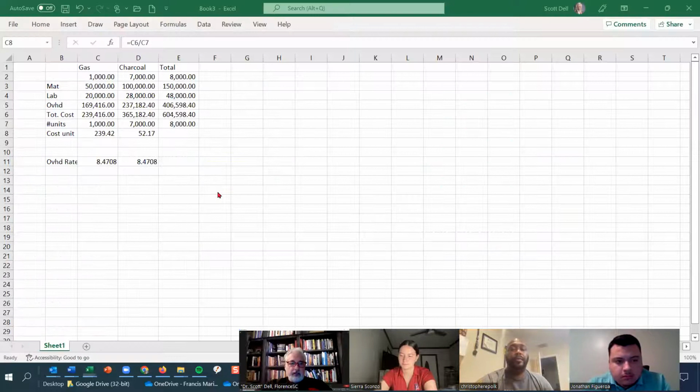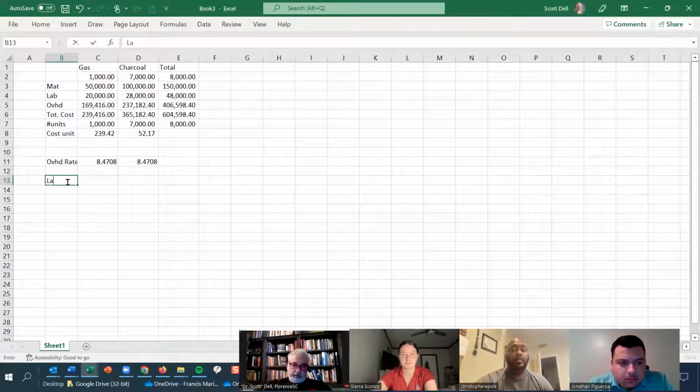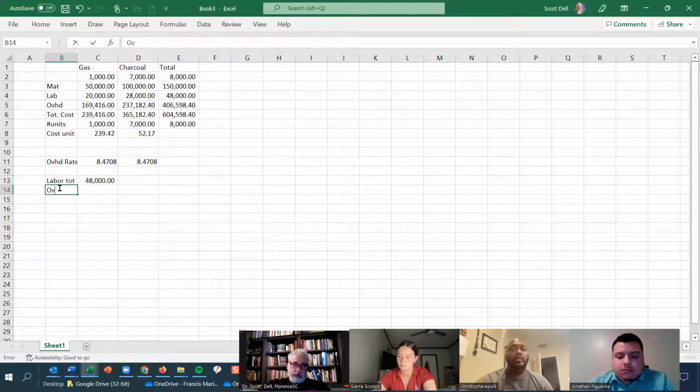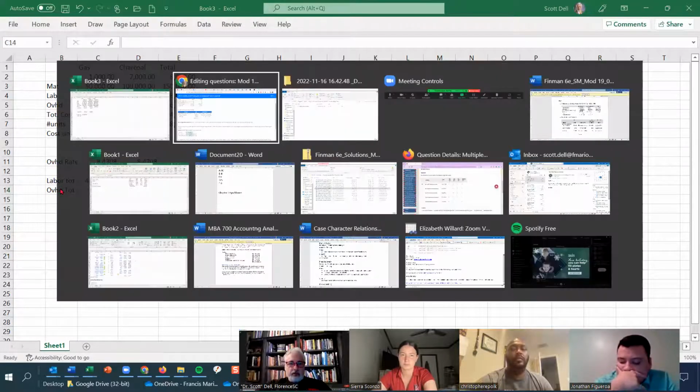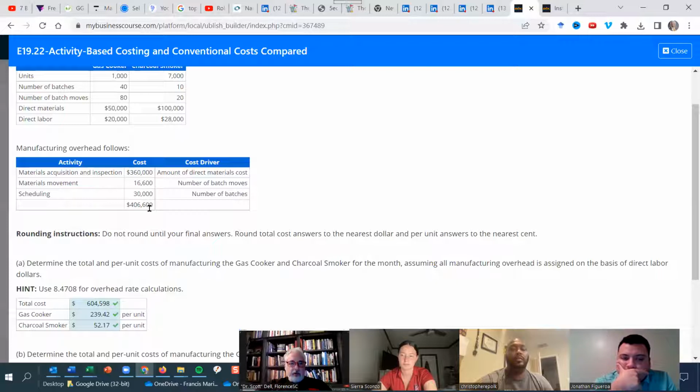Okay, so I've got labor total equals that plus that. And I have my total overhead total. Now we have an overhead total on the problem here of 406,600.